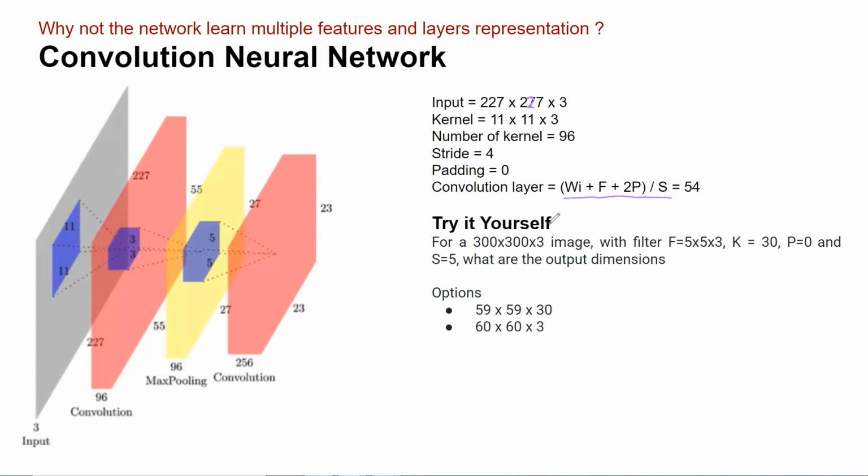This formula says that if I know the dimension of my input image, the dimension of my kernel, the padding, and the stride, I can compute the dimension of my output. So here, 227 plus what is my dimension of kernel, 11. I'm not going to use any padding here. And what is my stride? Stride is 4.